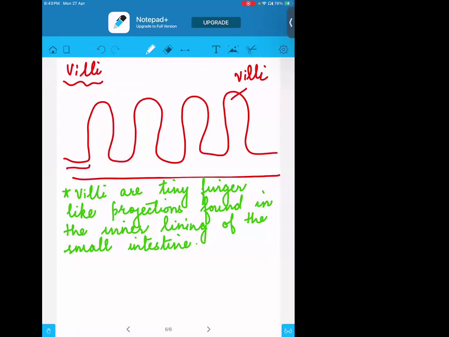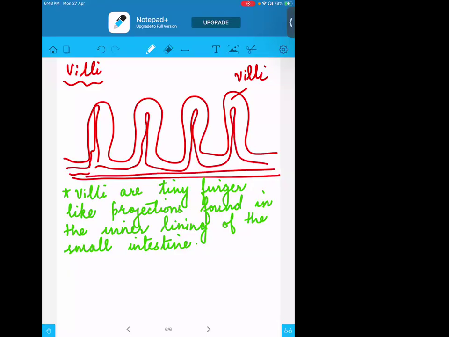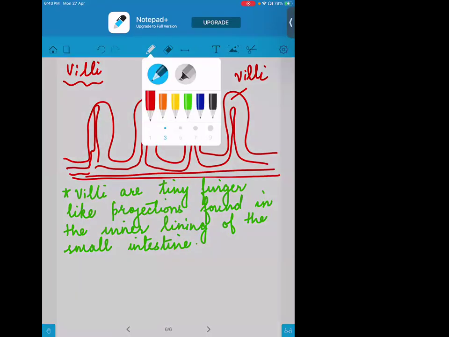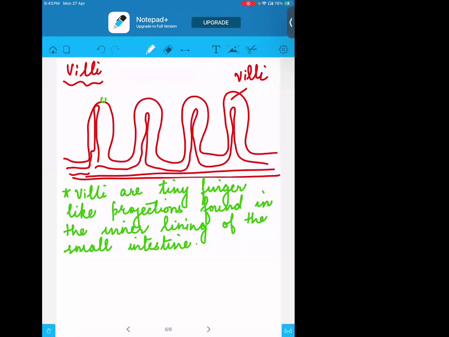The villi have blood vessels coming into them. They have arteries, veins, and capillaries. On the villi there are even smaller projections, which we call microvilli.